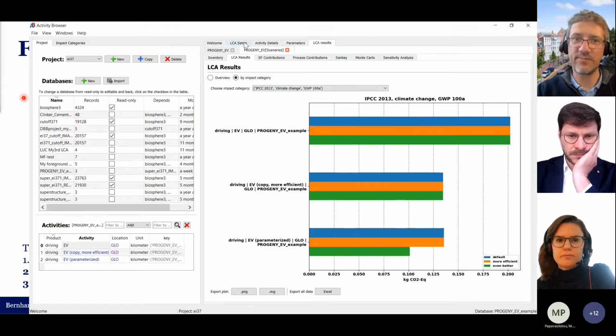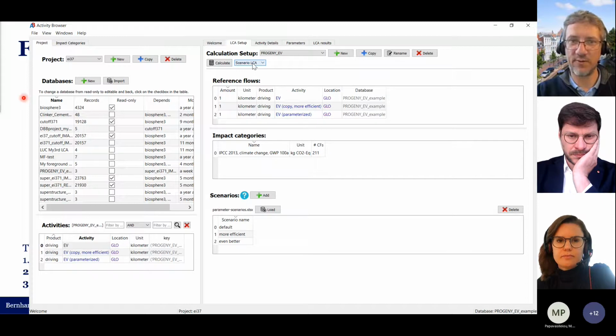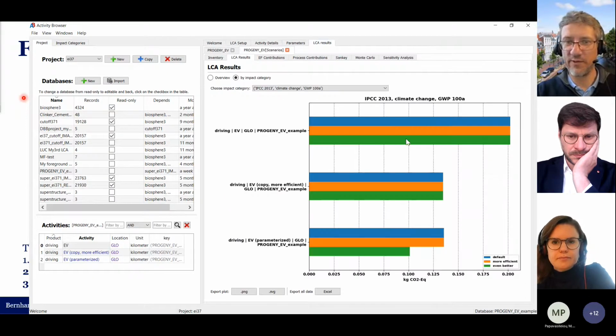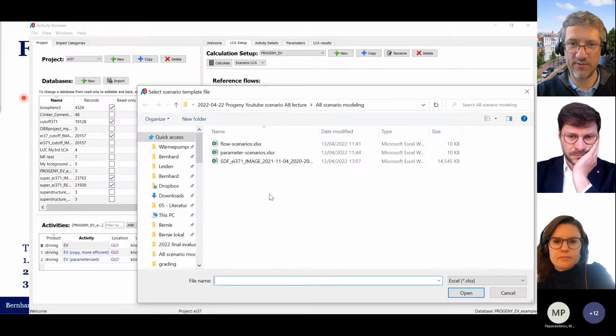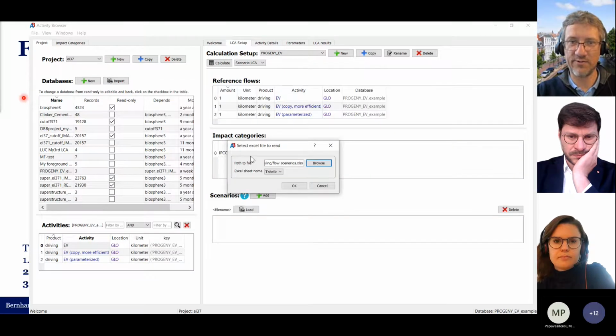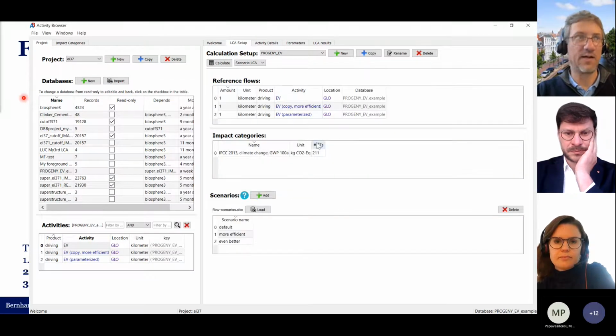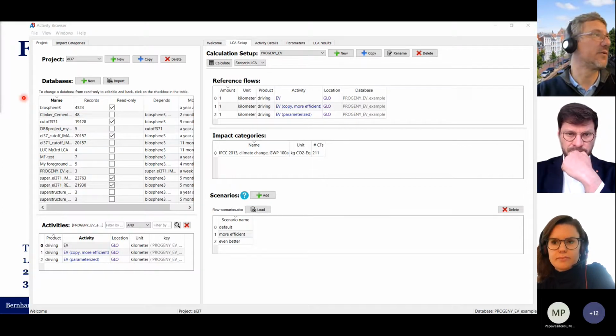Now we can do the same also by, sorry, let me go back, by modifying the flows of this process via flow scenarios. So I load another scenario file and I load the flow scenarios, and I'll just show that to you, how that looks like.